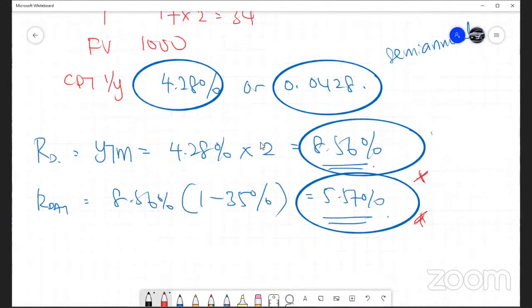Make sure to times 2 because this is semi-annual, to make it annual yield to maturity, 8.56%. After tax is after deducting 0.35, so the balance is 0.65, which gives 5.57%.